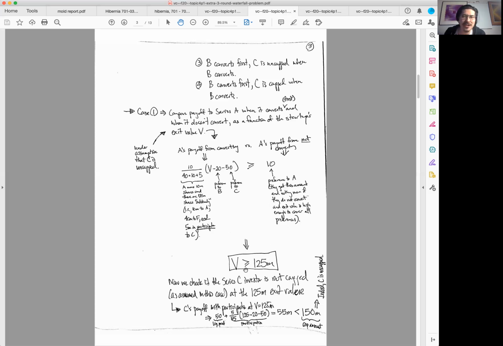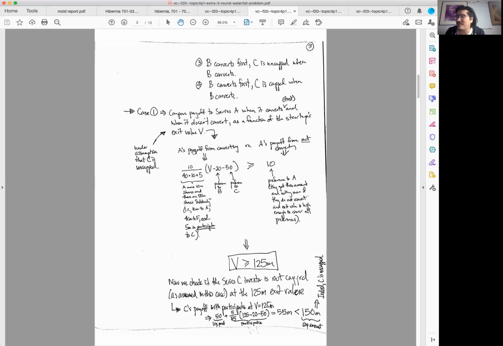Well, we now need to logically check that at a 125 exit value, C has not hit their cap. Because if at this number they've already hit their cap, there's a logical inconsistency here. Do we agree? So I go and calculate what C gets at this point, assuming they haven't hit their cap. Well, they would get 50, which is the first 50 that they're entitled to, correct?